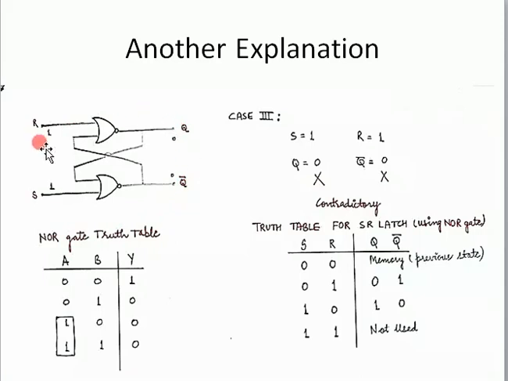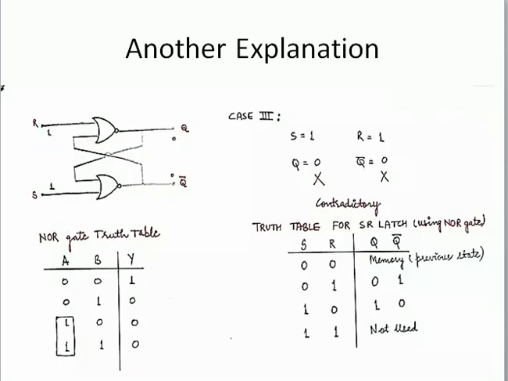The upper input is R and the lower is S. We are using two NOR gates here. The output of the first NOR gate is Q, and it becomes the input of the second one, and the Q complement from the second becomes the input of the first one.